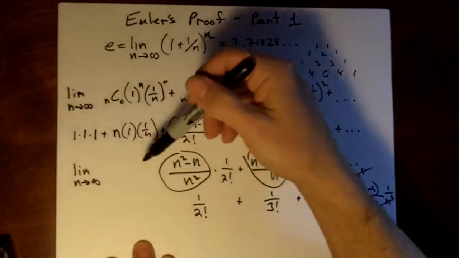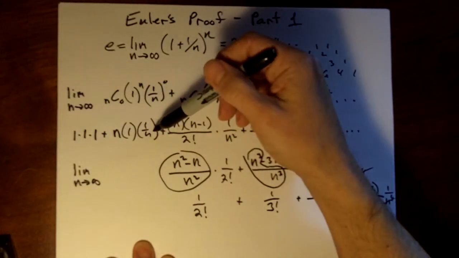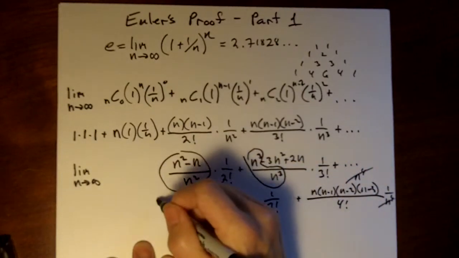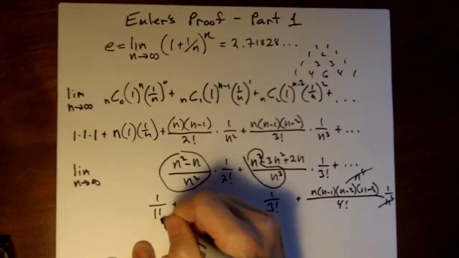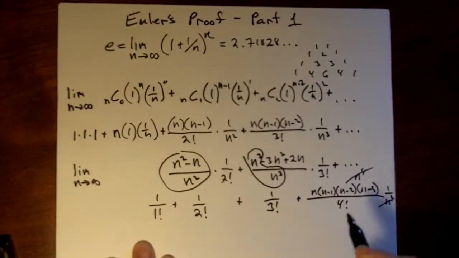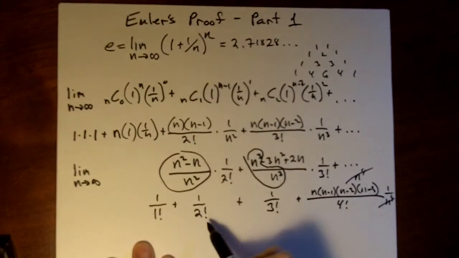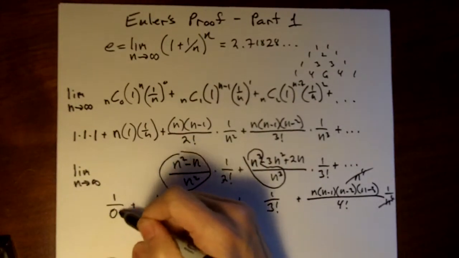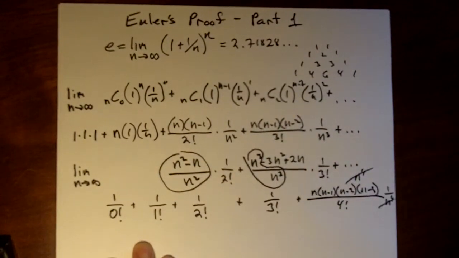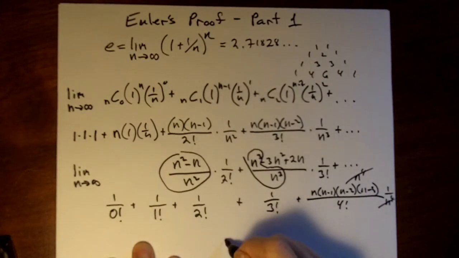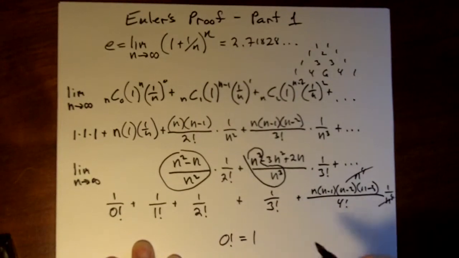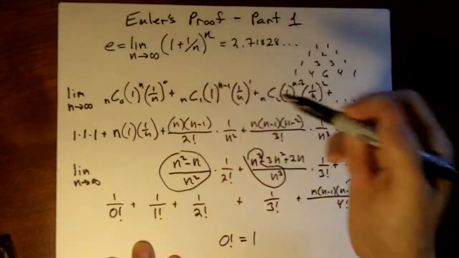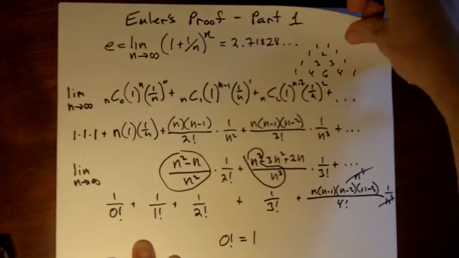Let's look at this term over here. The n's cancel, and we are just left with 1, which we could think of as 1 over 1 factorial. Well, if we follow the pattern backwards, then this first one should be 1 over 0 factorial. Remember, 0 factorial is defined to equal 1, and this thing equals 1. So we're good.